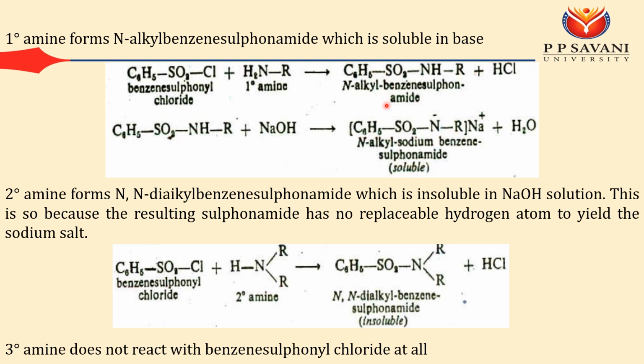This is soluble in base, whereas for a secondary amine, if I do the reaction, I will get an insoluble compound. In a tertiary amine there is no hydrogen to react, so a tertiary amine does not react with benzene sulfonyl chloride. This is one of the key tests in your experiment to get an idea whether your compound is a primary, secondary or tertiary amine.